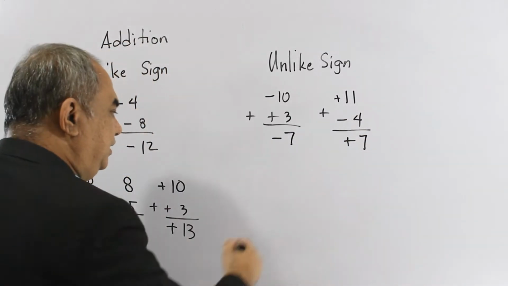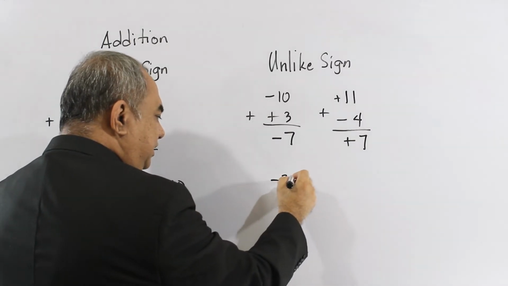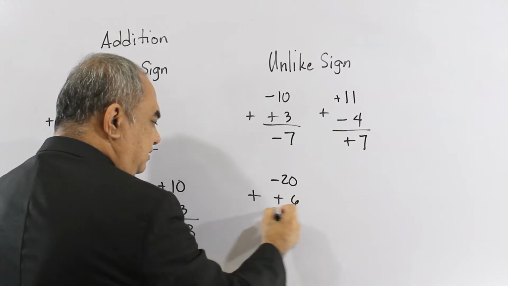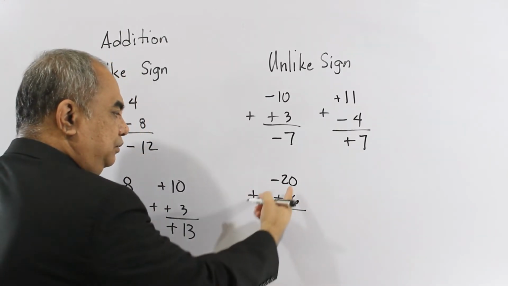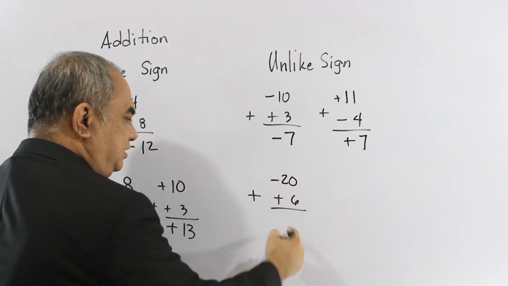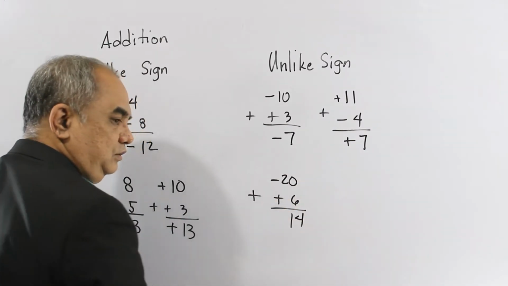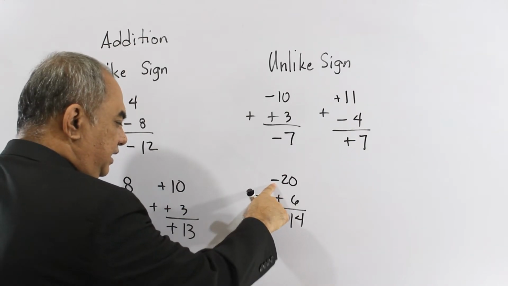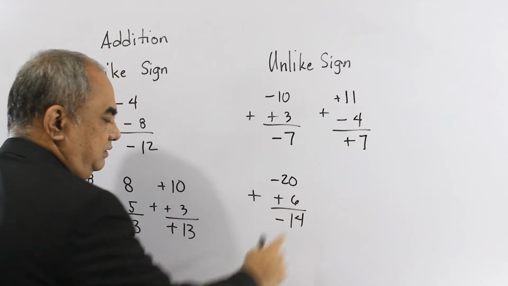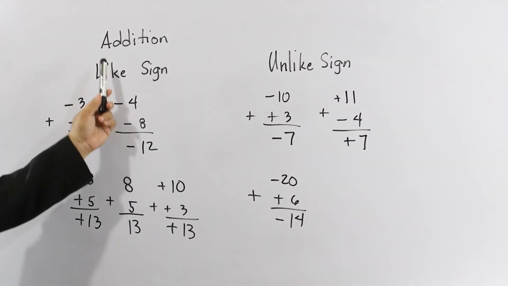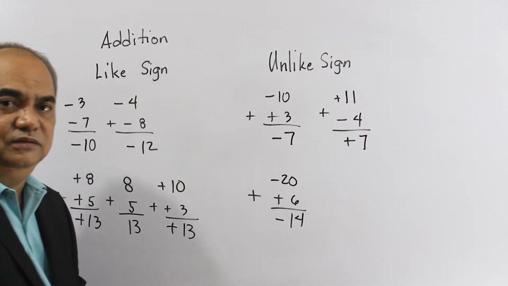Another one, we have negative 20 plus positive 6. They have unlike signs, so we subtract these two numbers. 20 minus 6 will give us 14, and the sign that we're going to use here is negative because 20 is greater than 6. So that's it for addition of integers.